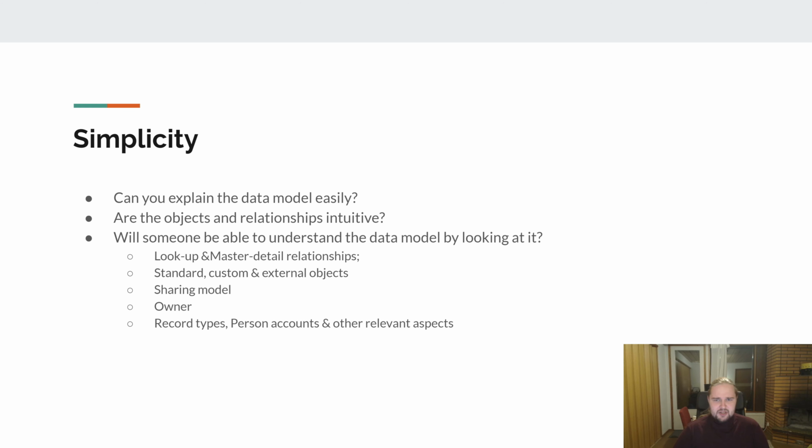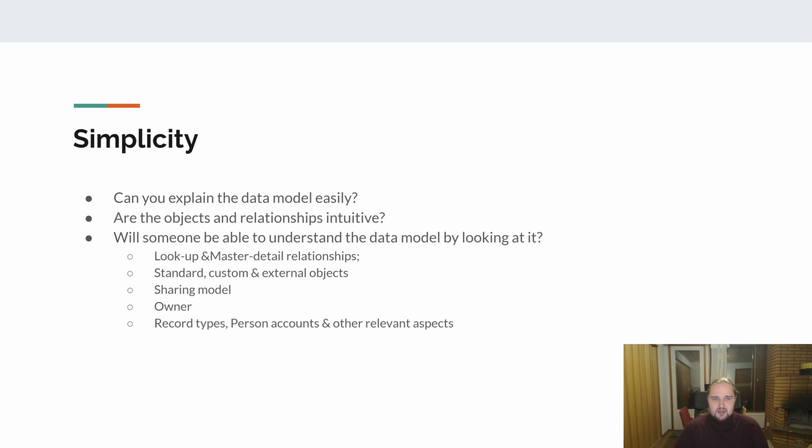The data model should be simple. Just by looking at it, I should be able to understand what everything is inside it with a little bit of your explanation. And that means that you need to be able to explain it very easily, but it should also be intuitive if I just look at it. And by what needs to be on the data model, you should have the lookups, the master and detail relationships, and somehow a key which way they're going, which way is the master, which way is the detail object, which object is looking up to which other one.